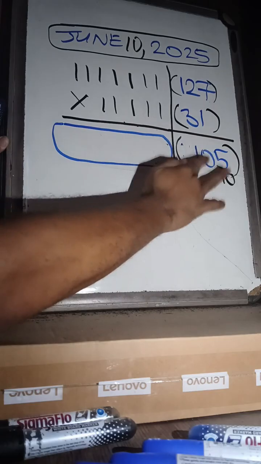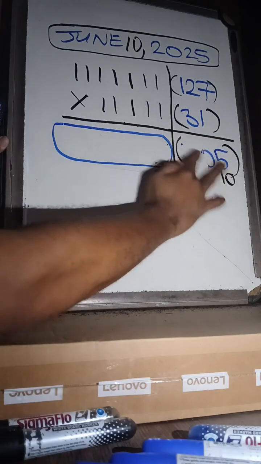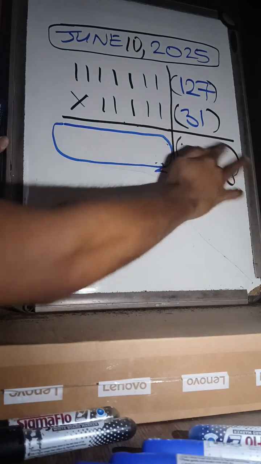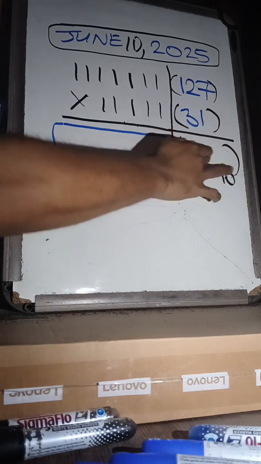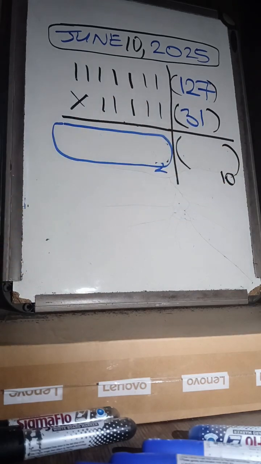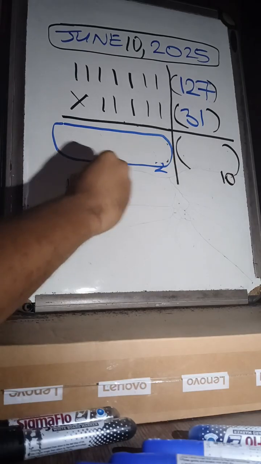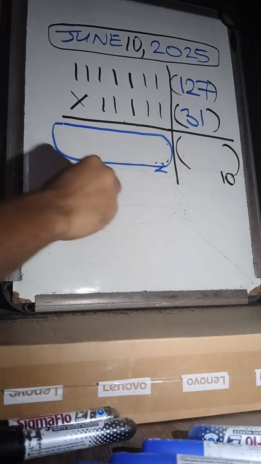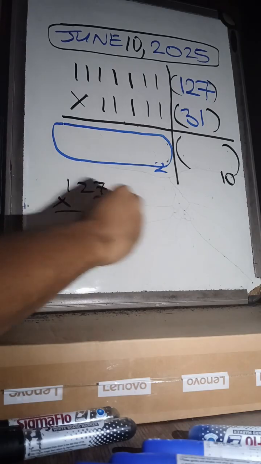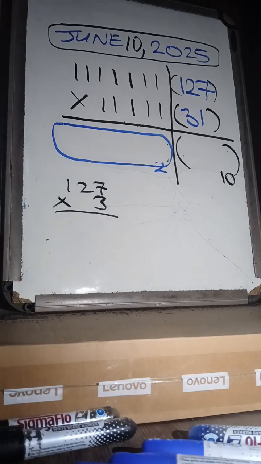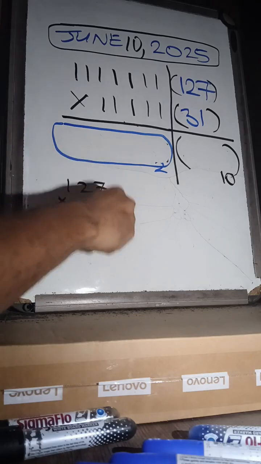Alright, this is not so bad though. So all we do is multiply 127 by 3. So 7 3s, we have 21.